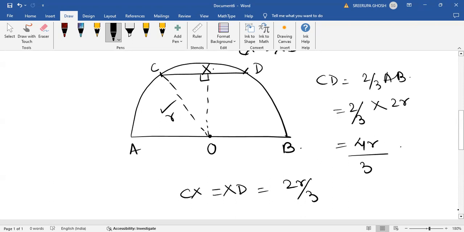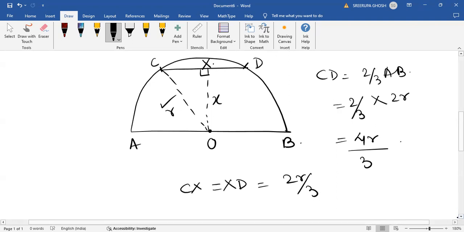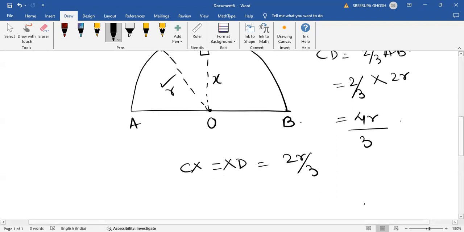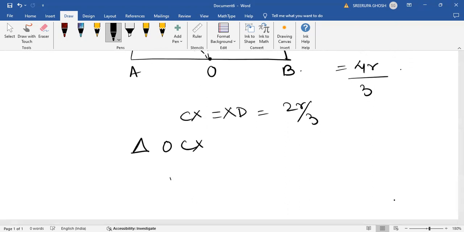We are assuming OX to be X. Suppose we are assuming that OX is X. Make sense? Correct. So now, isn't this a right angle triangle OCX, where OC is R, OX is X, and CX is 2R by 3?